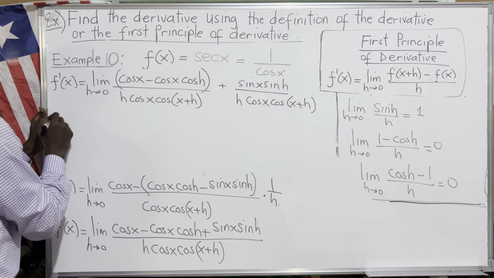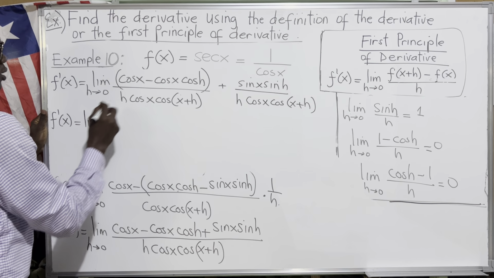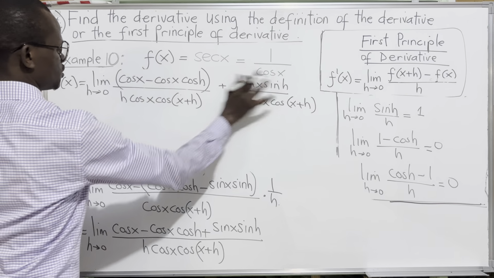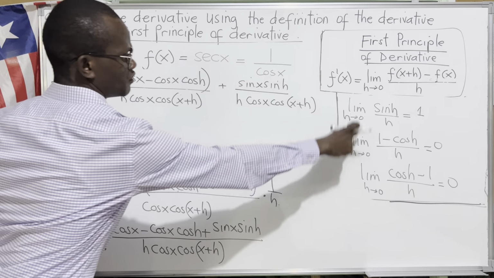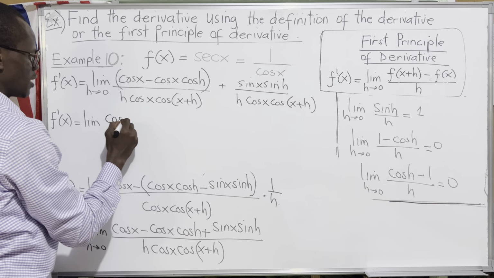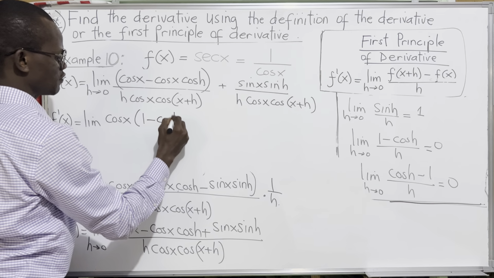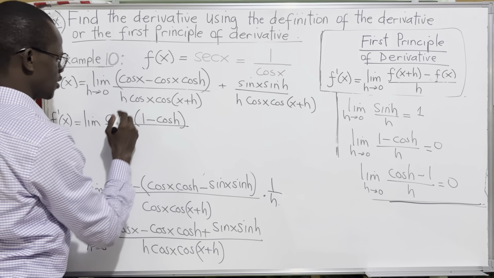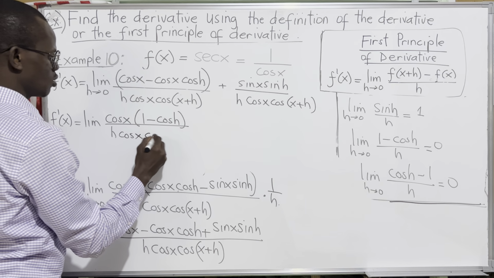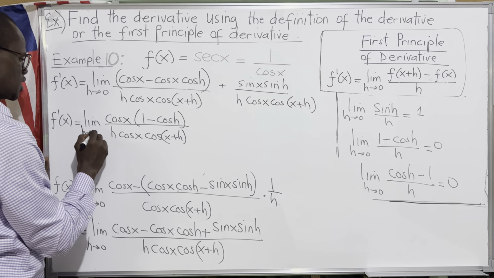So if we factor out this cos of x, remember we can take the limit of this term and this term so that we can bring in some of these properties. So we take the limit of this, and then we also factor out cos of x. So you'll be left with 1 minus cos of h, all over h cos of x plus h, as h approaches 0.